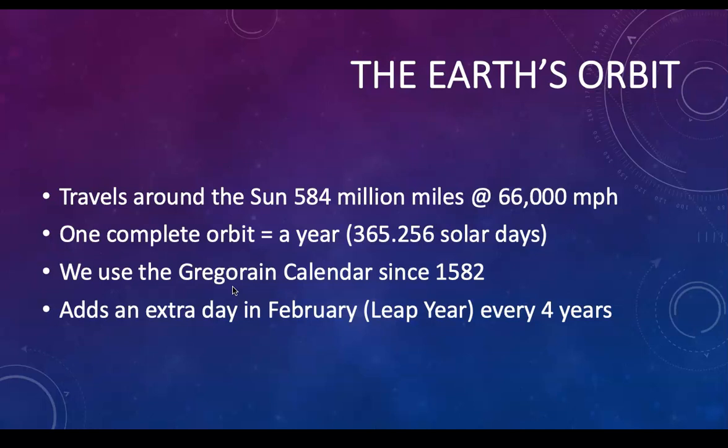I figured we didn't need to worry about that, but I did read it, just so you know I wasn't skipping over it. But heaven's sake, you don't need to worry about that. So leap year is tied into our orbit, and it's a way for accommodating for that extra quarter day there.